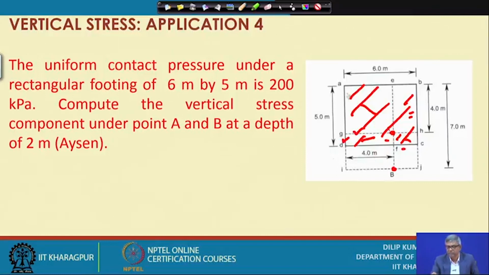Then when I consider this area, a is 4 and b is also 4, so it is a square area 4 by 4. There also I find a by z equal to b by z, that is m equal to n, and apply the formula to get another stress. So, 4 values are to be added to get this value.